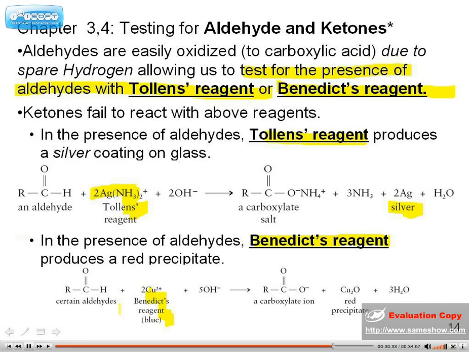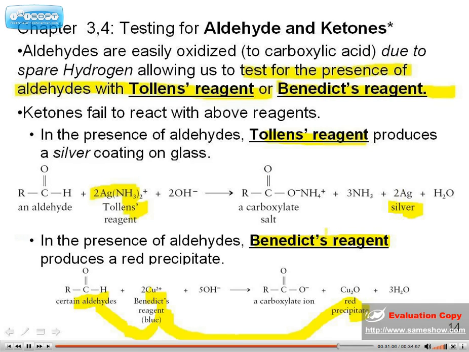If you have an aldehyde and you add in Benedict's reagent, and there's a red precipitate, then, and we'll get into specifics later, but if you have that, then you have an aldehyde. So know the reagent names, know what a positive test is for, and know what type of qualitative observation to look for.